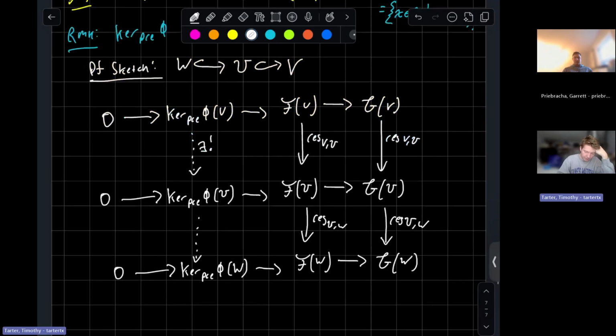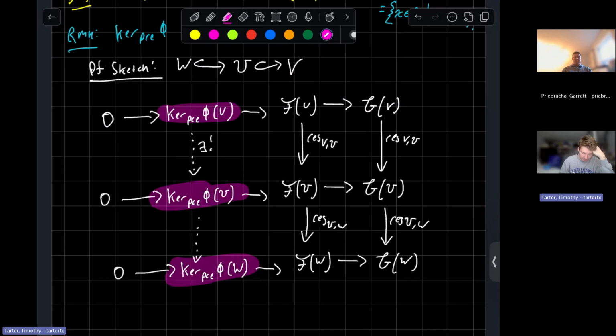We want these restriction maps. So, let me start with, these are sections, right? So these are sections.